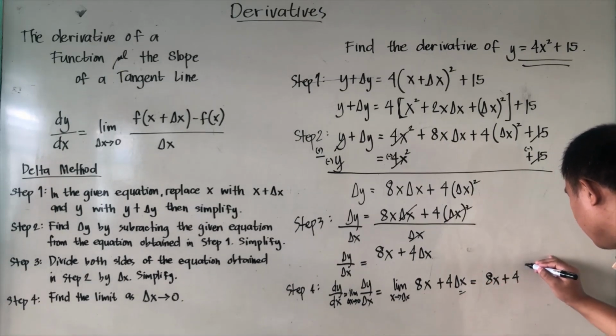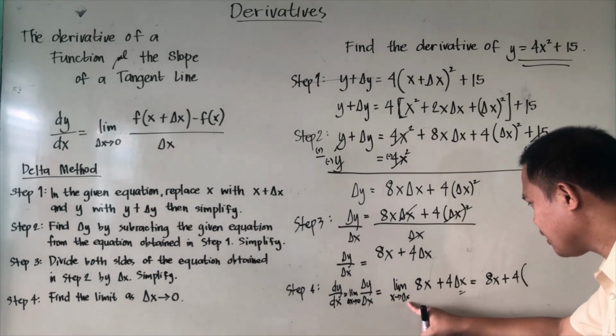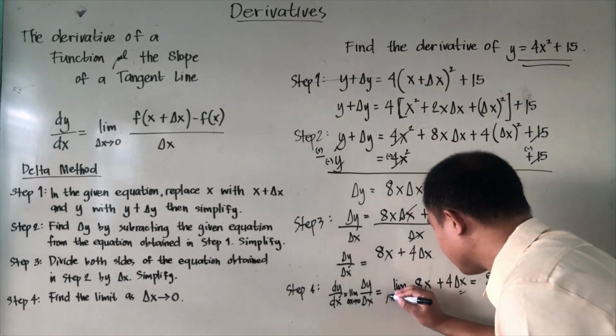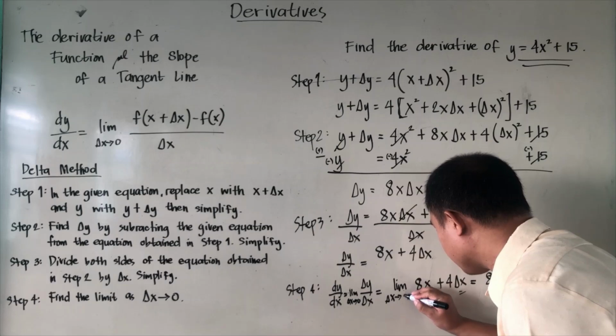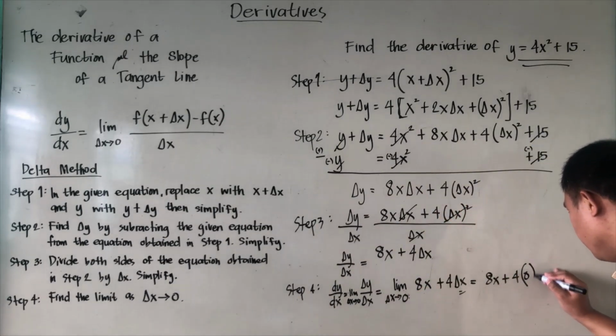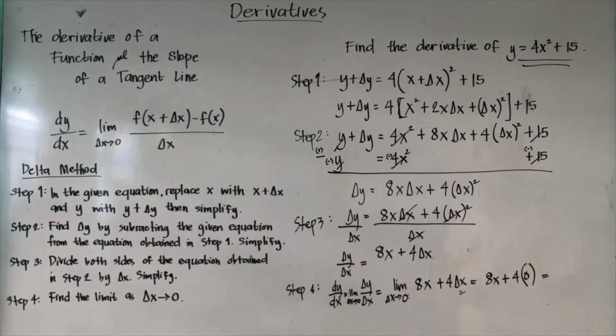As delta x approaches 0, so 0, then that will become 8x.